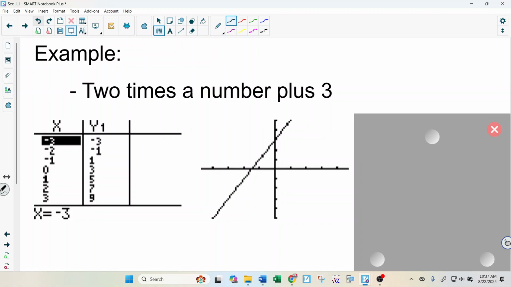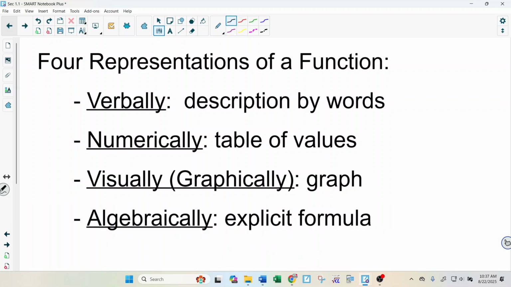It's just a graph of the function. And our final way of doing it is what's known as algebraically. And this is with our formula.